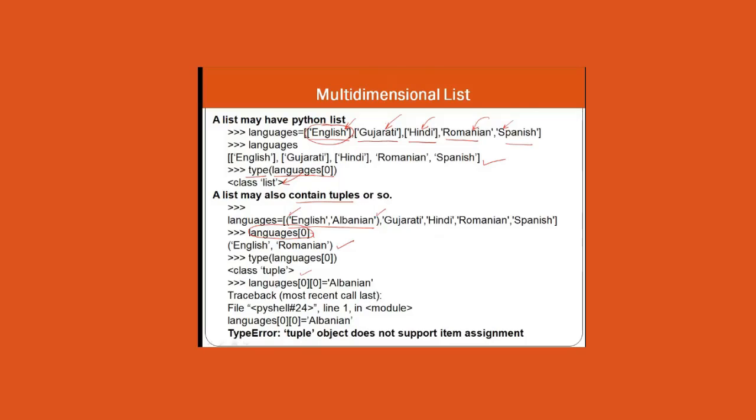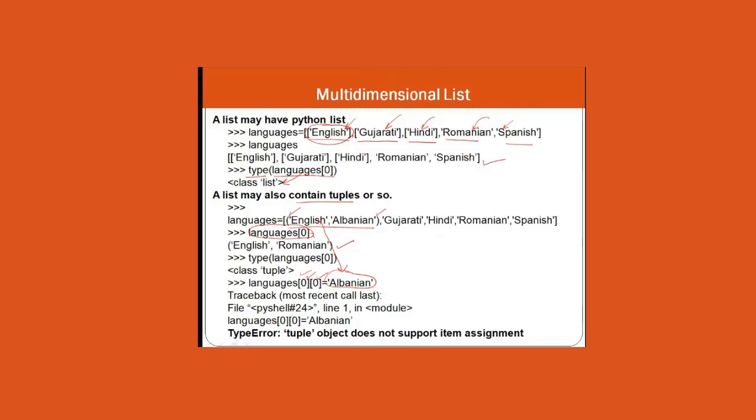Now look at this. You have seen two-dimensional arrays in C and C++. So this is your first element, and further, as the first element is a tuple, you try to find out the first element of that tuple, right? So here we are not displaying it, but we are trying to reassign the value from English to Albanian in a tuple, right? Because this is a tuple.